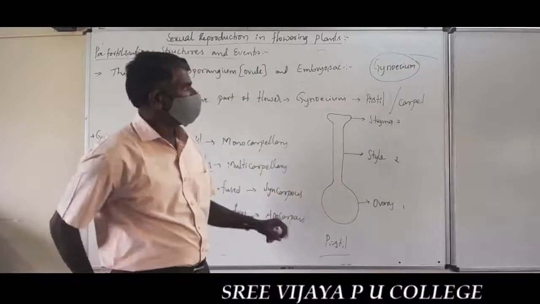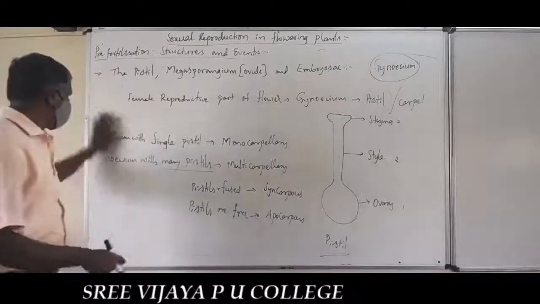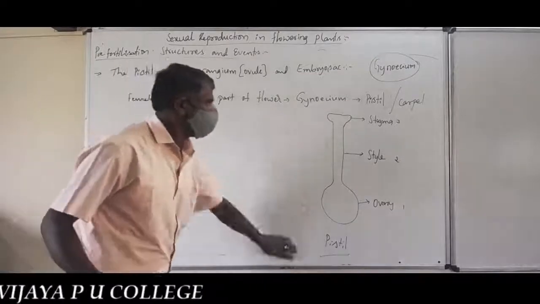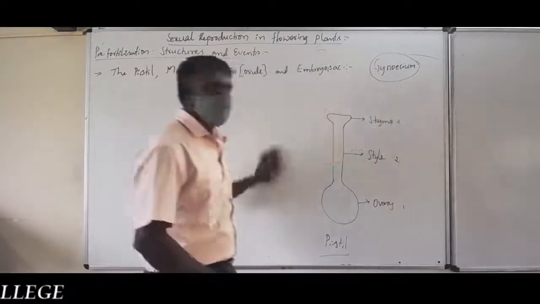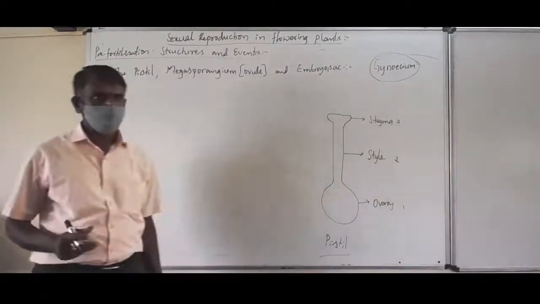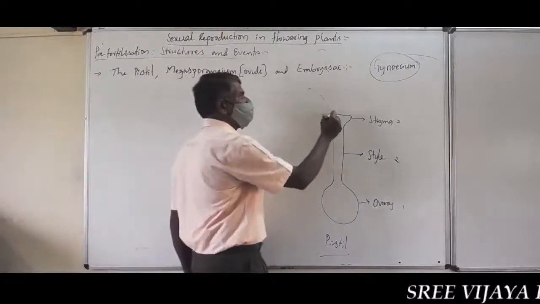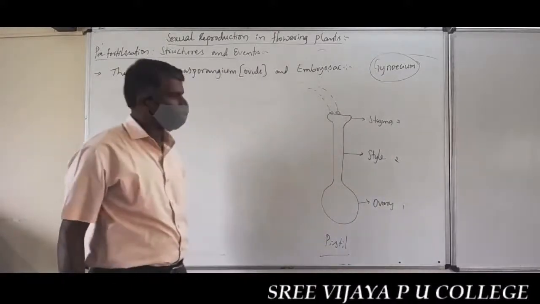The stigma is the landing surface of pollen grains. At the time of shedding of pollen from the anther, the pollen grains fall on the stigmatic surface.